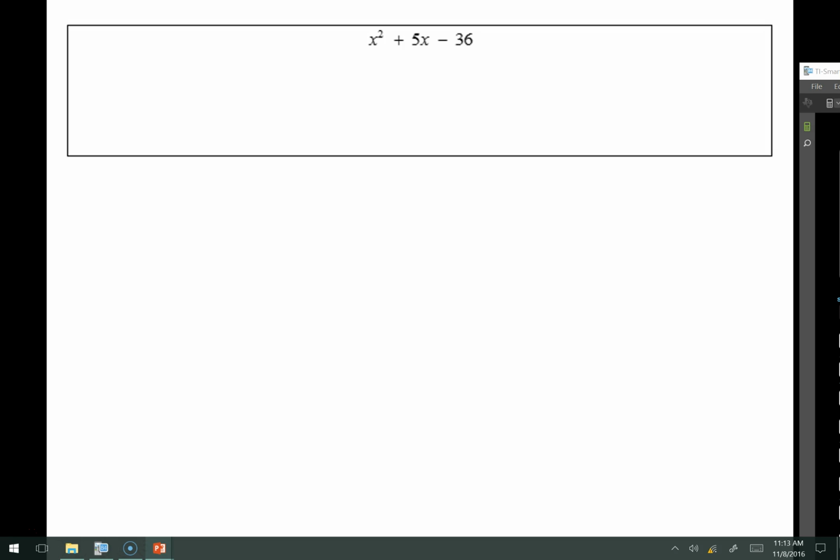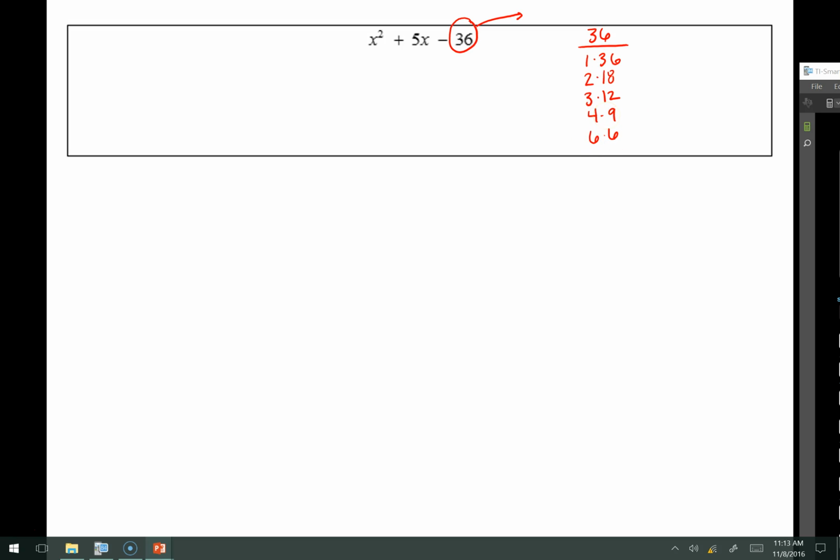So looking at this first one, the first step is to list out all of the factors of the C term, 36. So let's write our 36 over here in the margin. You can multiply 1 times 36 to get 36. You can do 2 times 18, 3 times 12, 4 times 9, and 6 times 6.